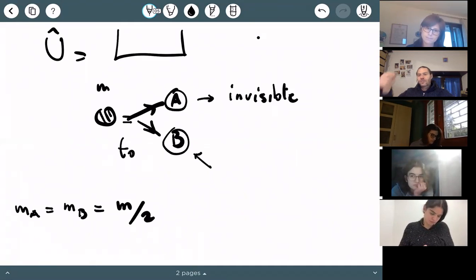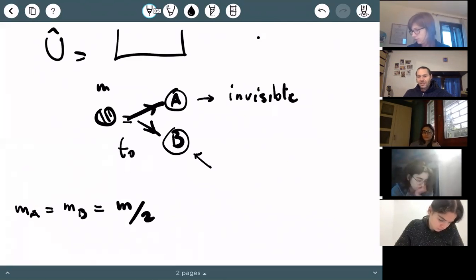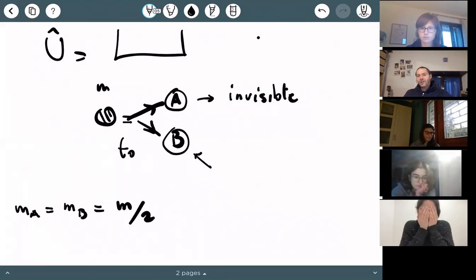For instance, if I use some kind of electric device and particle A is electrically chargeless, I'll never be able to see it. Clear? There are particles like that. For instance, neutrinos. They are neutral, as the word says. So you can never measure them with a standard calorimeter for electrons, so to say.